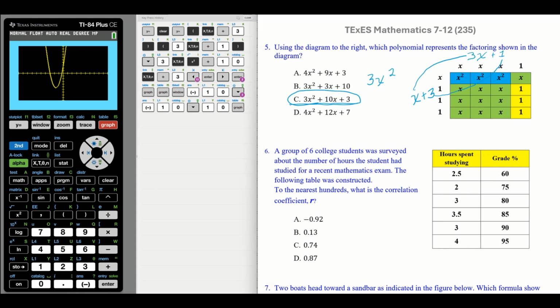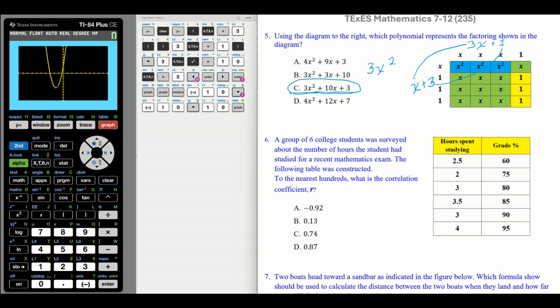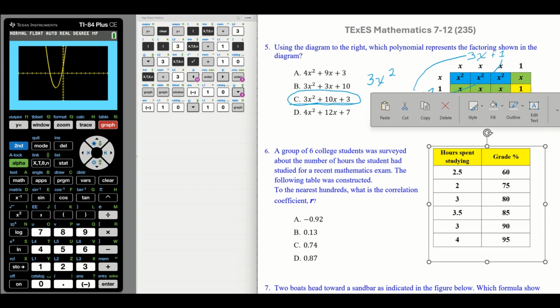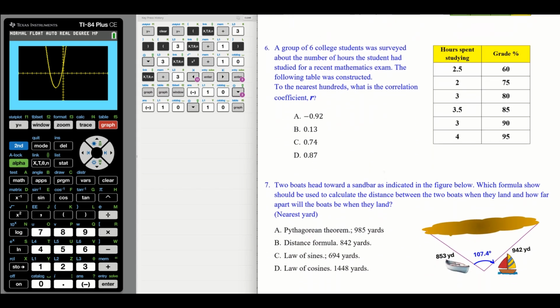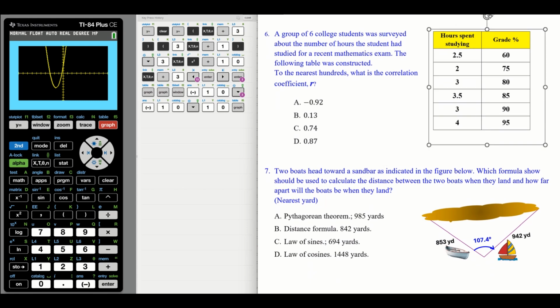Okay, now let's do this next one. Okay, here, if I can get it to go up. There it goes. Right. What we're going to do here with our table, let's read, and we're going to do all this in our calculator. I can already see it. Okay, a group of 6 college students was surveyed about the number of hours the student had studied for a recent mathematics exam.